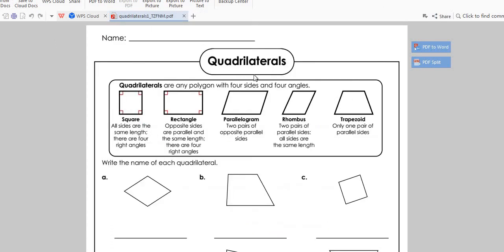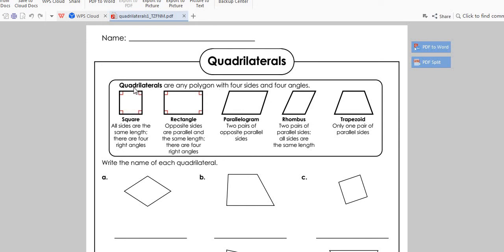Okay, here we have another sheet, about quadrilaterals. What is meant by quadrilateral? It is any polygon with four sides and four angles, as we have taken before in the previous videos. So I have here a square.